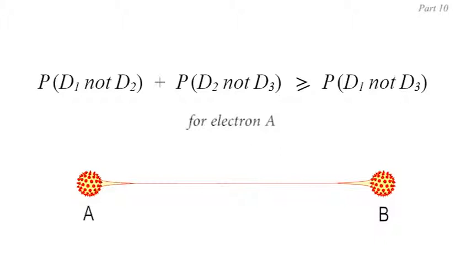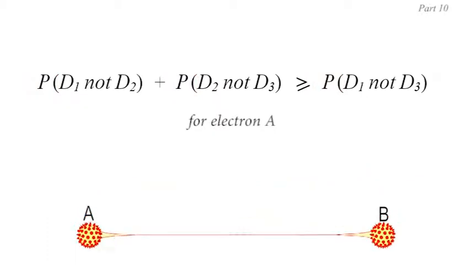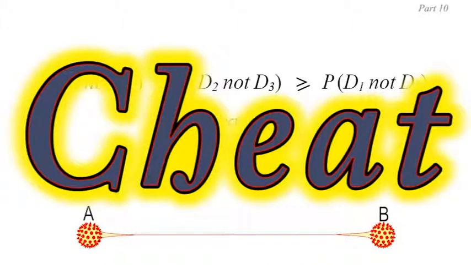So how on earth are we going to work out these three probabilities for an entangled electron A? Well, we could work through the mathematics of the quantum mechanics, which would probably take about an hour or so, and might involve introducing some other ideas such as projection operators and the like. Or we could cheat.